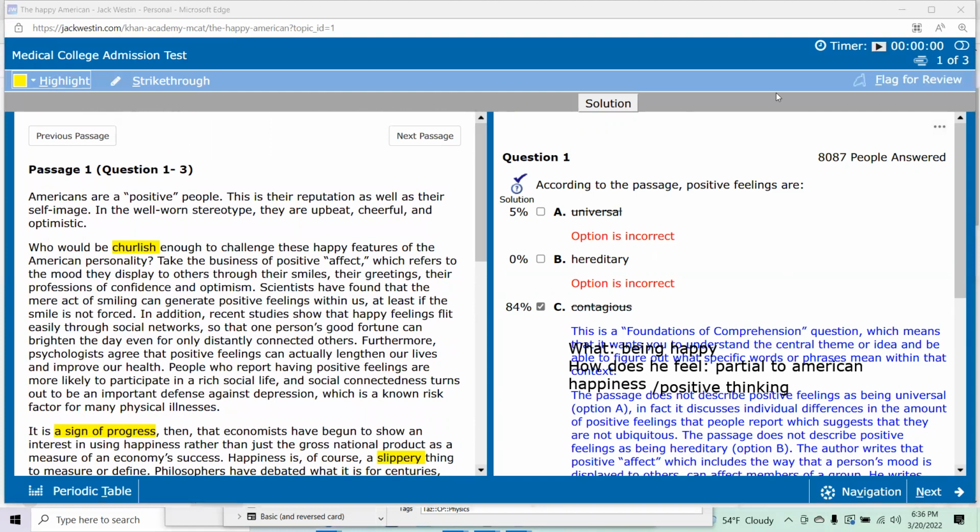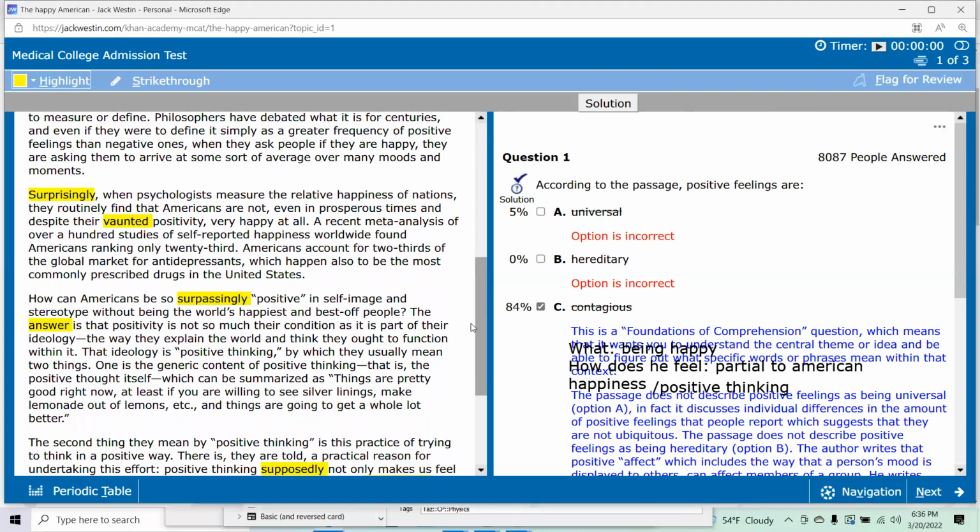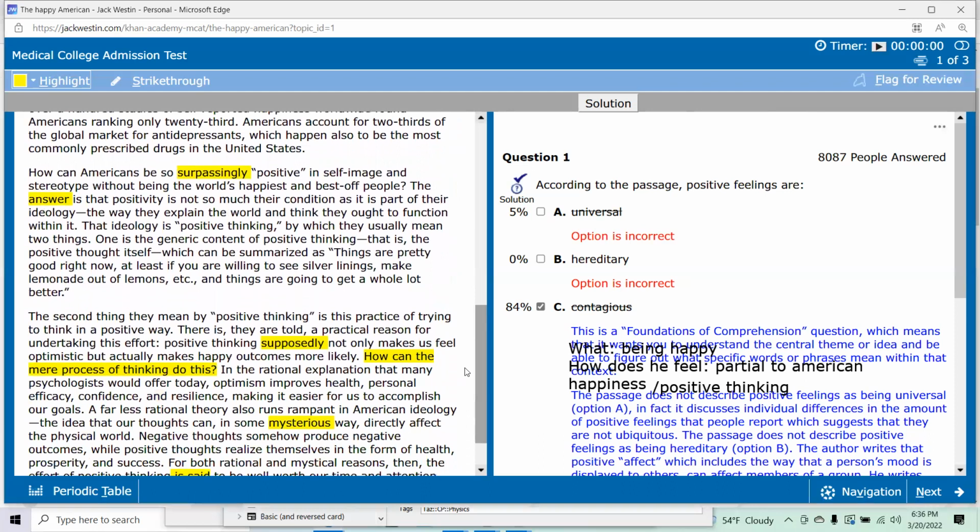Any questions about this one? I just have a comment. It's interesting that contagiousness was found in the beginning, because we didn't get into positive feelings until about halfway, so I only associated things with positive feelings from the middle down.